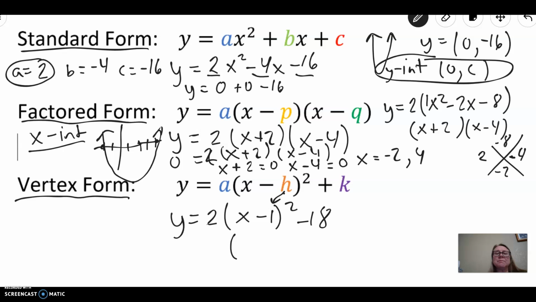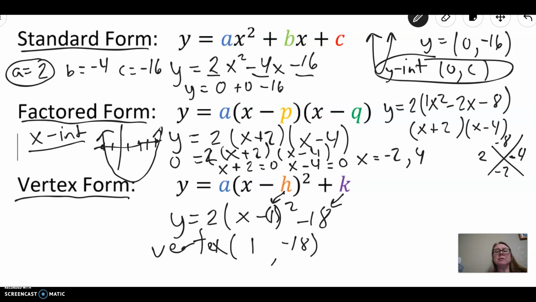Notice this says minus, so it's like there's parentheses here, and so the h or x value of your vertex is 1. And then whatever k is, this one keeps the sign, so the k is going to be negative 18. So now I know my vertex is at 1, negative 18.